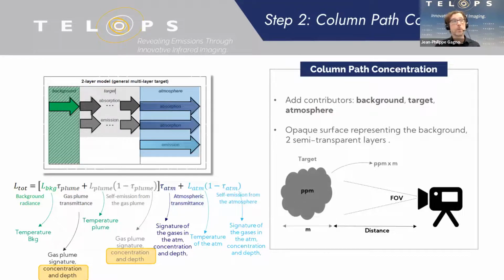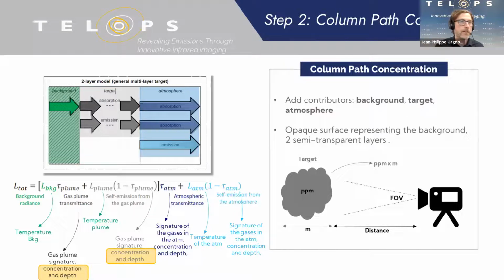But there are some knowns, and we can exploit the fact that we have a camera. The camera sees different parts of the image, and we can extract very valuable information from different portions of the image. For example, for the background, we know there's no plume to the side, so we can go there and extract the temperature of the background this way.